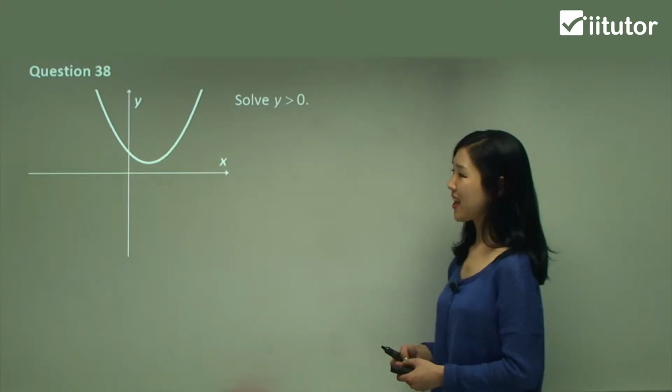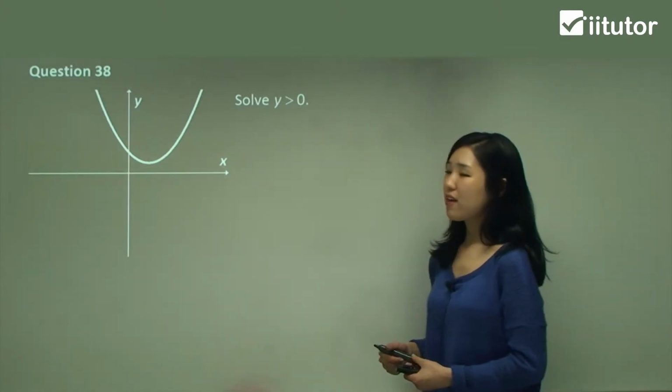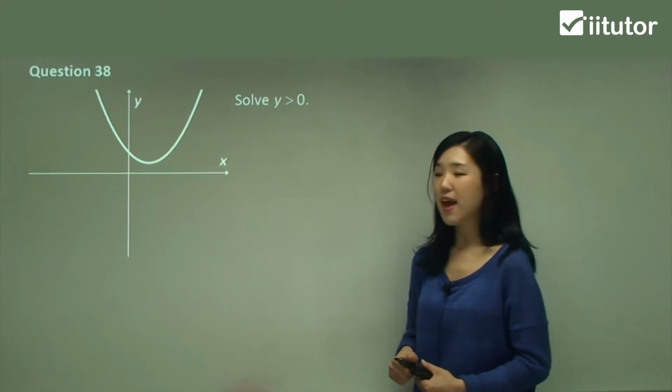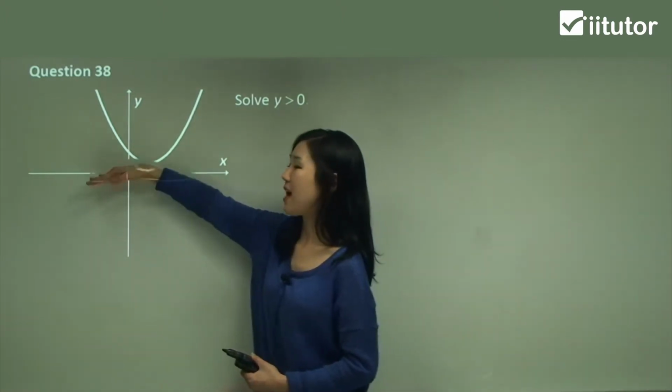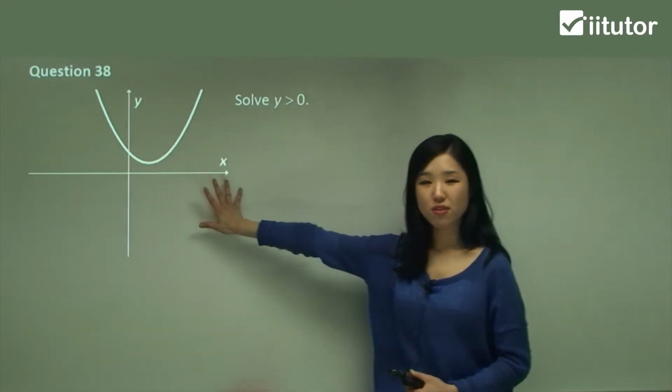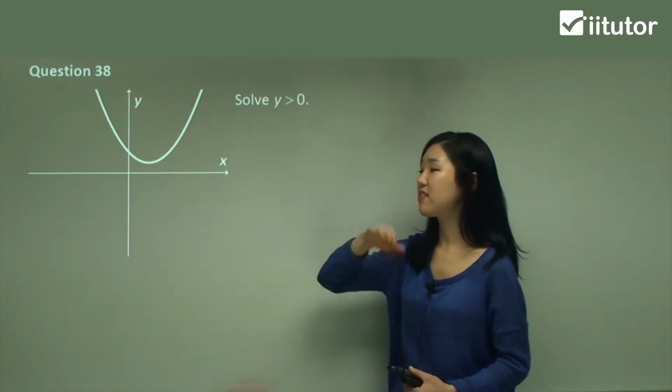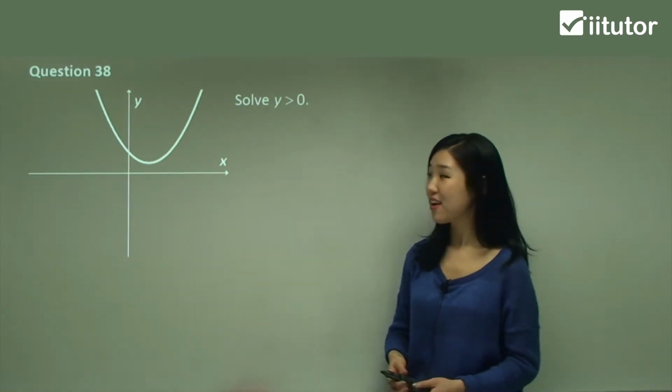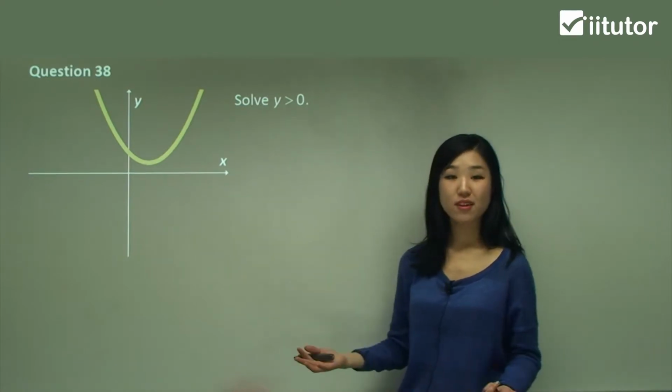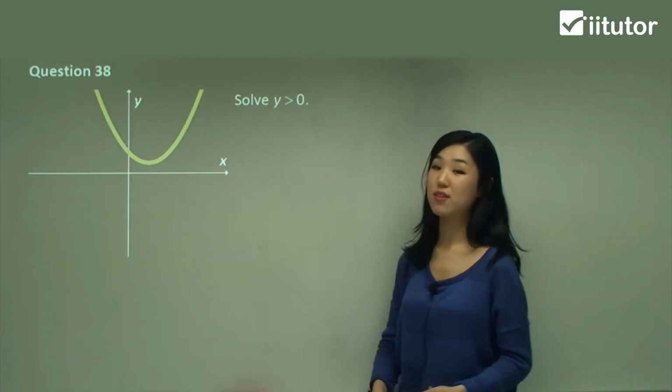Guys, I think you can see that if y is greater than 0, it's any part of the graph that's above the x-axis, right? But for this graph, the whole graph is above the x-axis, isn't it? So the whole graph is representing y is greater than 0.